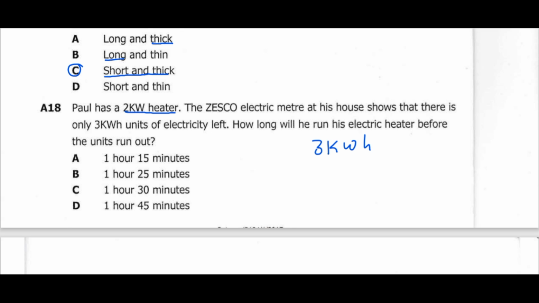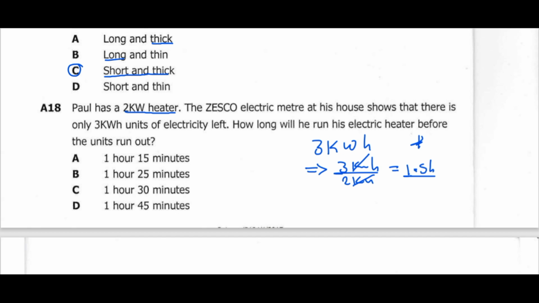Let me just go direct. I wanted to see if I can make an equation. If I go direct, the key point is that in these 3 kilowatt hours, we want to divide by the 2 kilowatts so that the kW cancels. Dividing 3 by 2 gives us 1.5 hours.